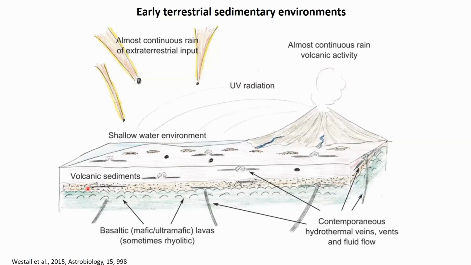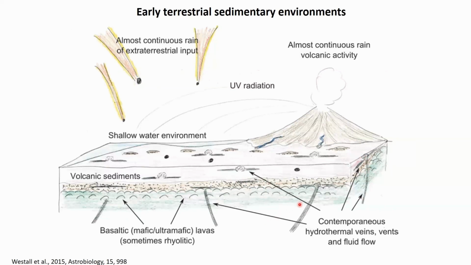They are coated with volcanic sediments, illustrated here in this dotted brown layer, covered by water. But there's a huge amount of hydrothermal activity associated with volcanism, especially the eruptive periods of the volcanism.